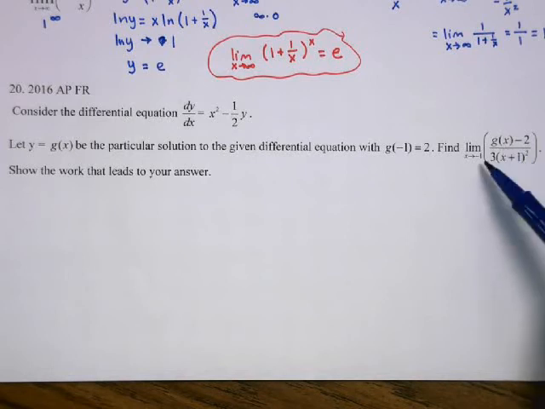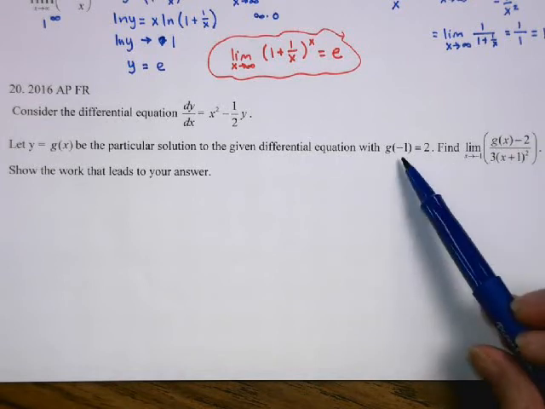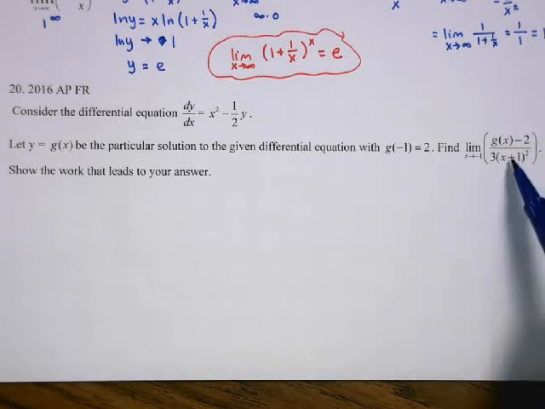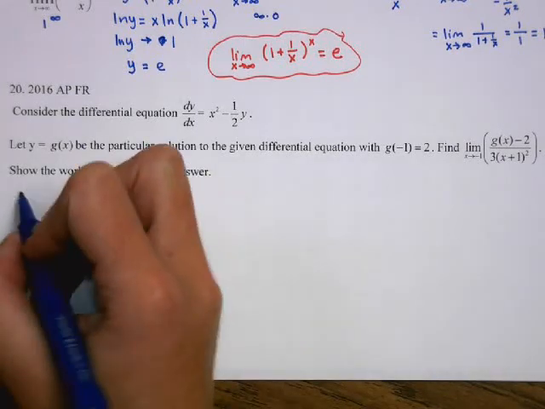Well, if g of x at negative 1 is 2, then we have 2 minus 2 on the top, and x is negative 1, so the bottom is 0. So this is L'Hopital's rule.